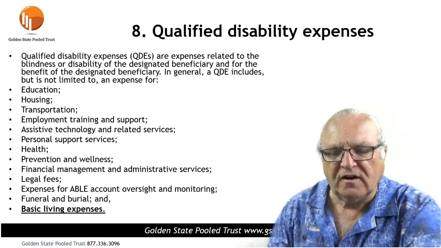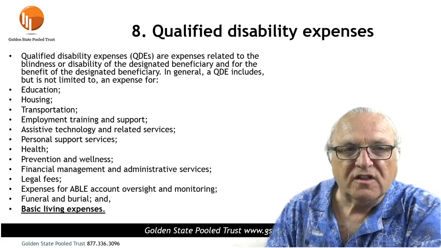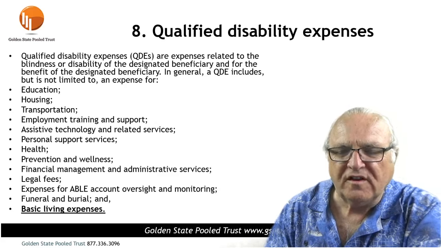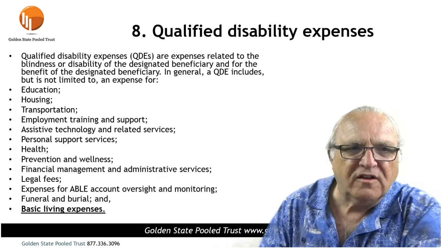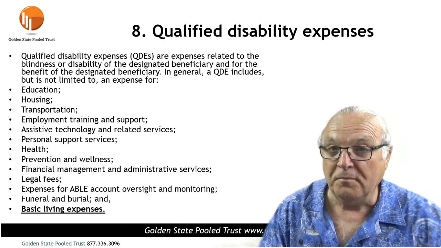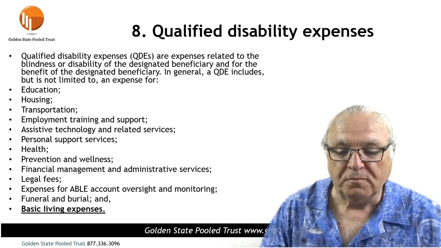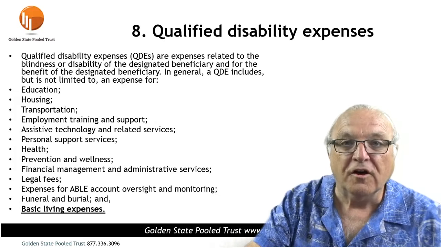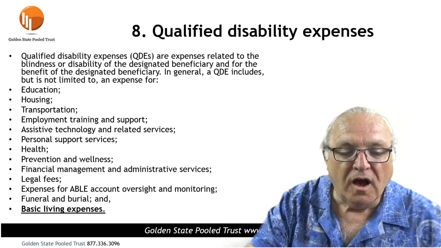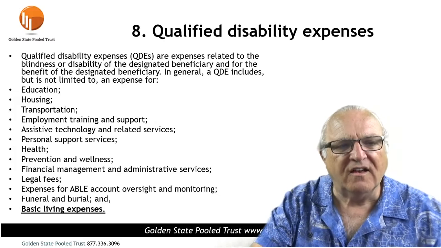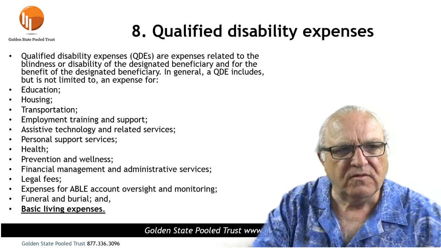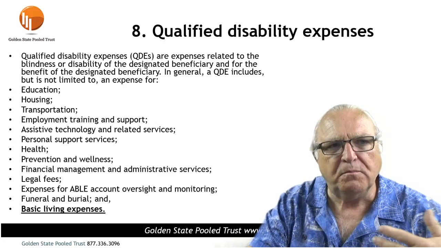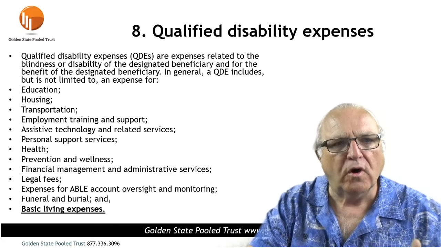And a lot of folks that are dealing with ABLE accounts, the only thing that we can seem to agree on is gambling is not a basic living expense, nor is making a gift to someone else. So really that has made what this could be used for a lot broader.